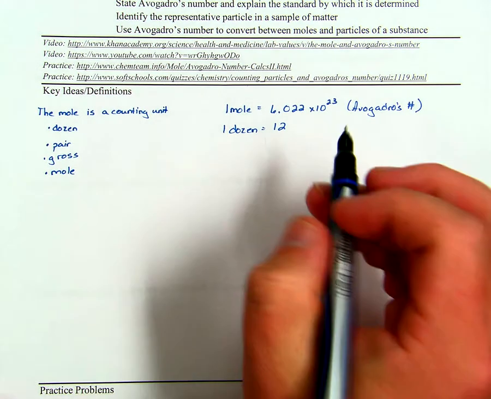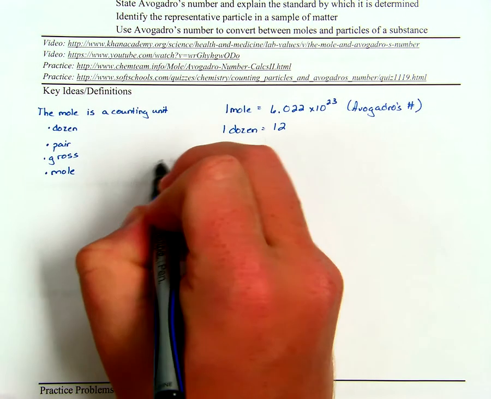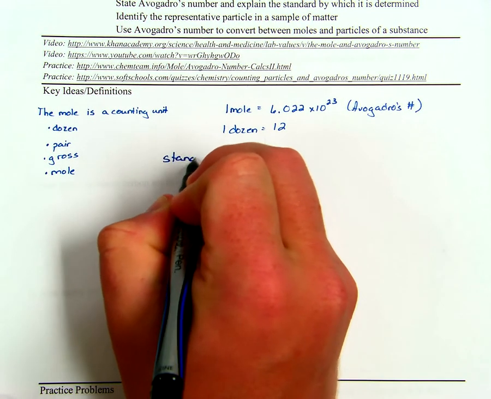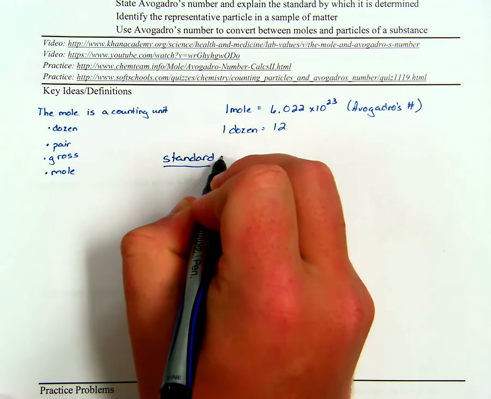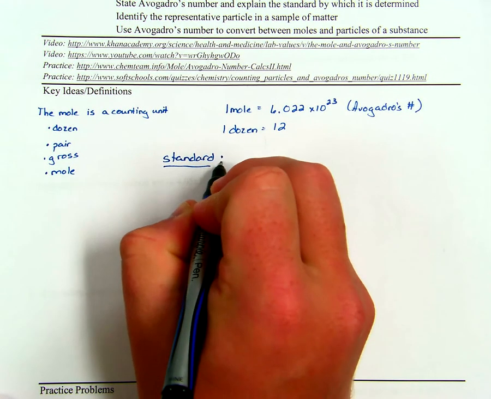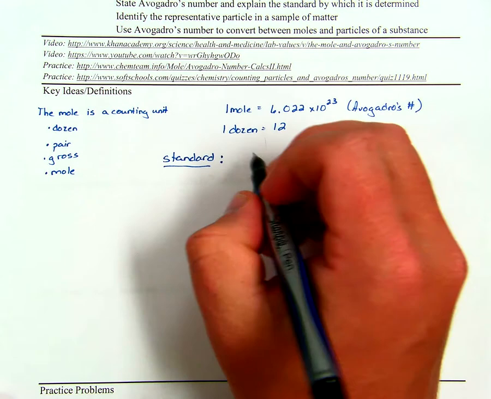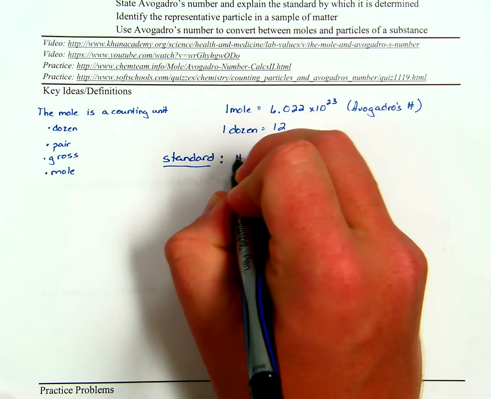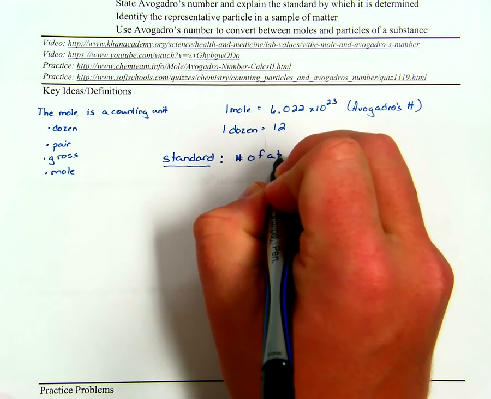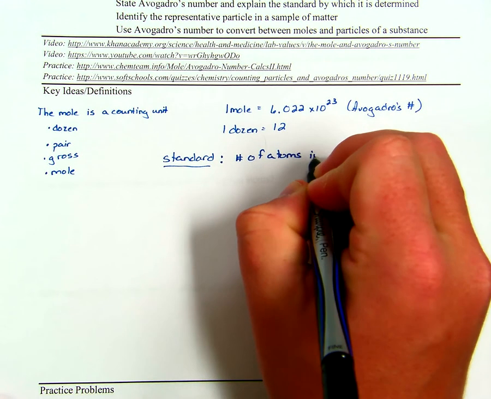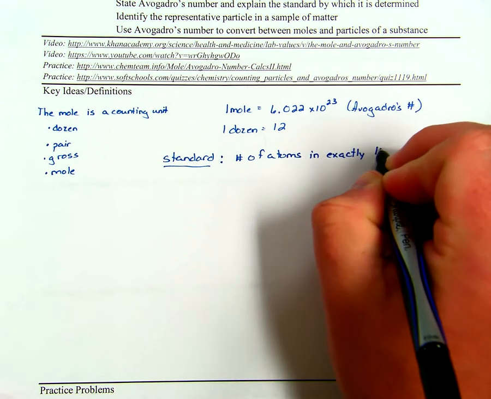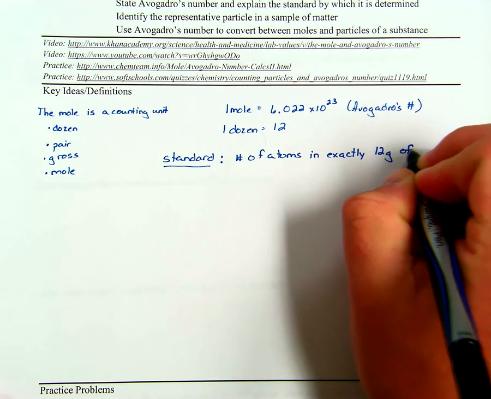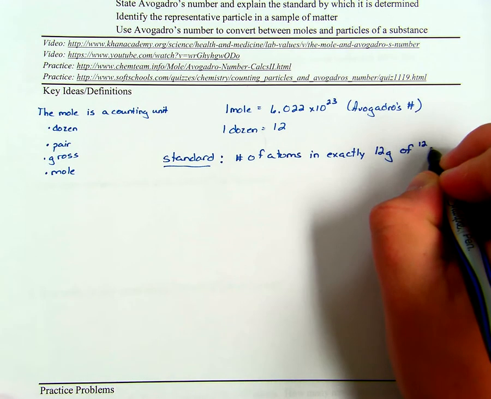The standard by which the mole is determined, because as we know there has to be a standard for any measurement in science, the standard by which we know a mole is this number, it is the number of atoms in exactly 12 grams of carbon-12.